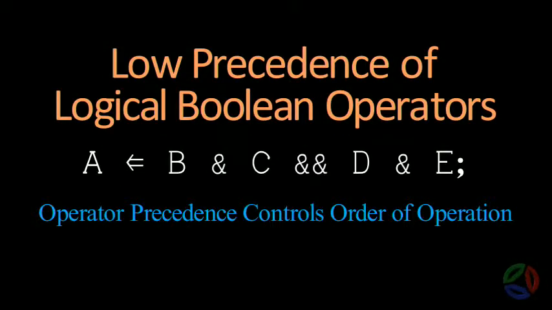The second thing that sets the logical Boolean operators apart from their bitwise counterparts is that they have low precedence. In fact, only the left assignment operators have lower precedence. Keep in mind that the only assignment operator in C, the ASCII equal symbol, is a left assignment operator even though it does not point to the left.